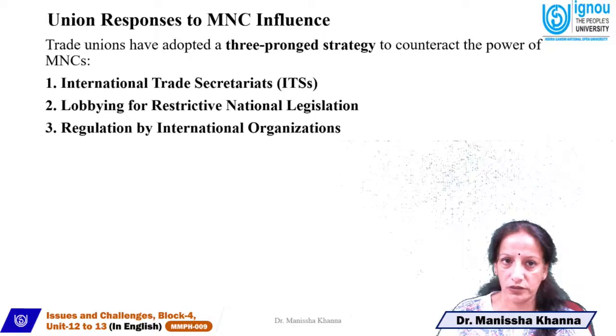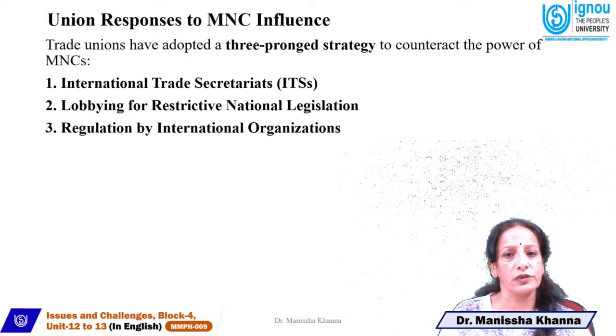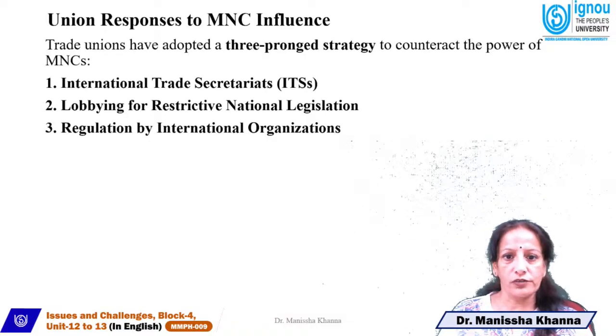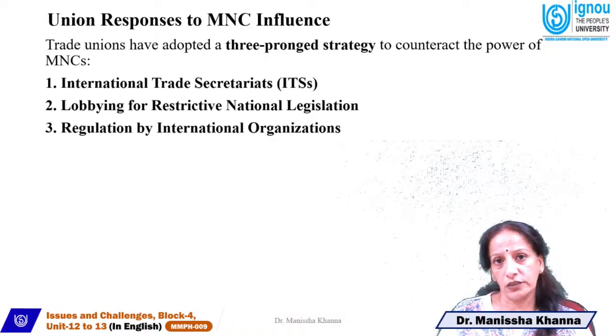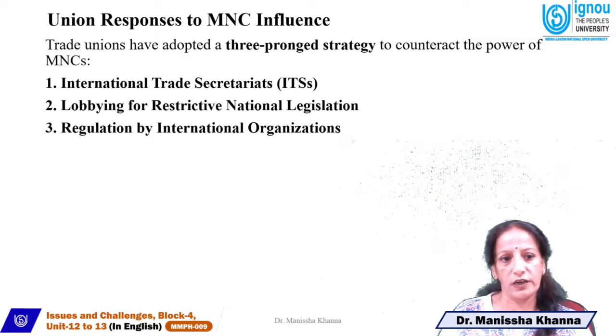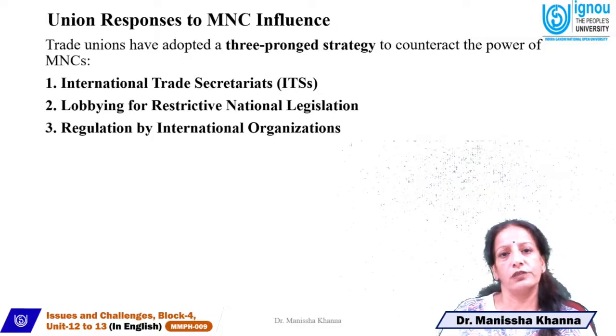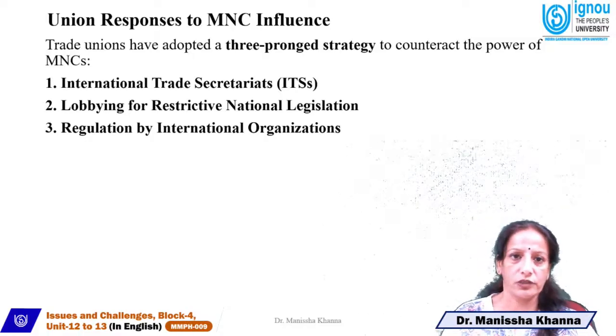They have international trade secretariats, which are a very formal structure, and they lobby for restrictive legislation on a national, domestic level. Then there are certain rules and regulations which they pursue internationally with international organizations.